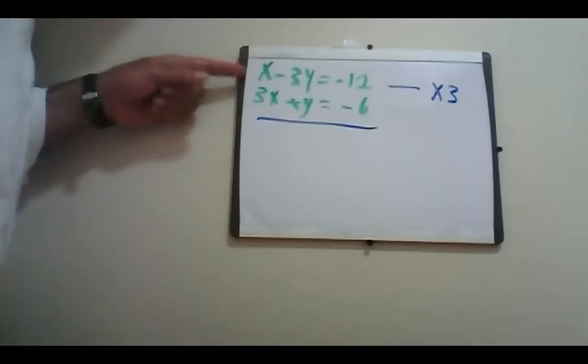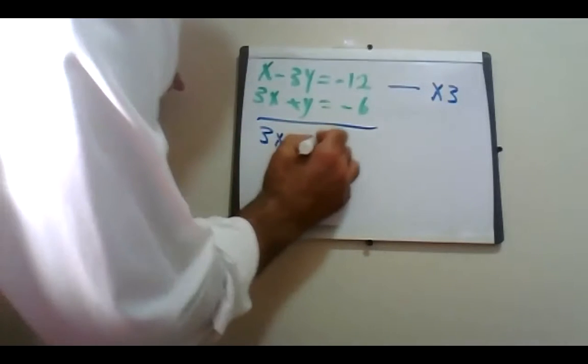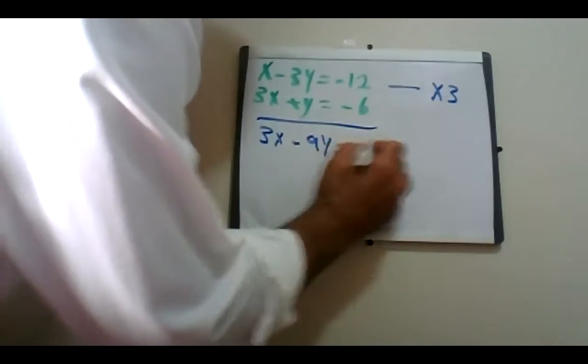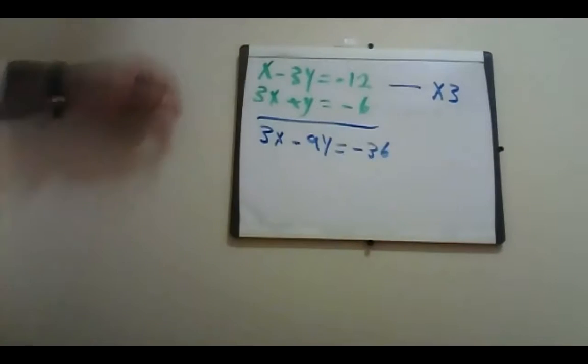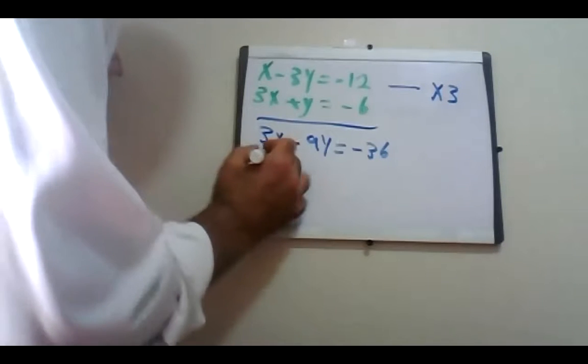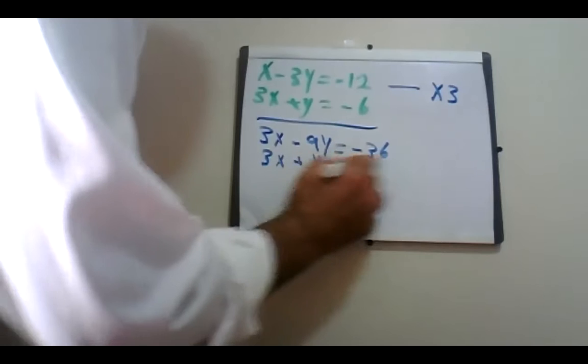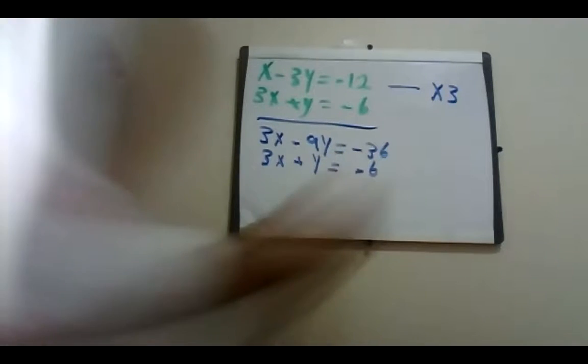Then it will be 3x minus 9y equals minus 36. The second one is still 3x plus y equals minus 6. Look at this.